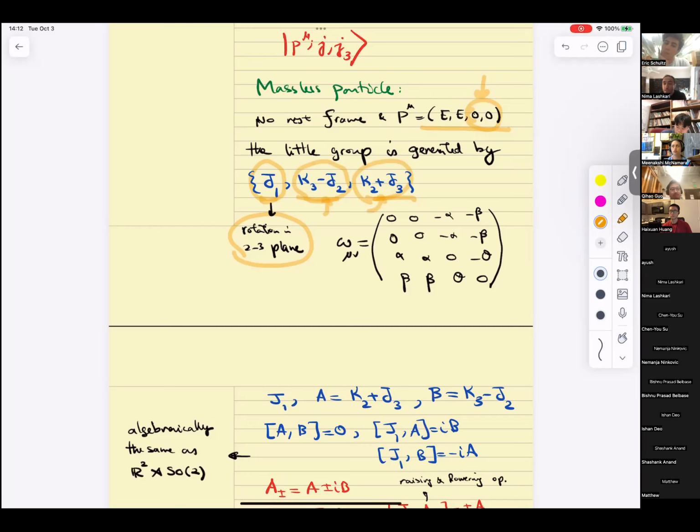These are weird combinations of boosts and rotations in different directions. If you want to check that these leave the vector invariant, the simplest way is to take the representation of the Lorentz group that we discussed, in terms of these 4x4 matrices, and it turns out that it's this one that preserves your p^μ in this form.